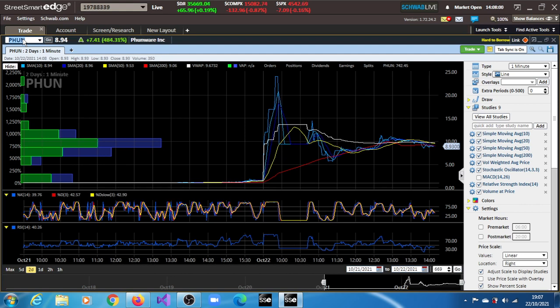So we are all speculating that Phunware Inc. will get the contract to develop the platform that Trump Digital Tech is pursuing. So that's what's behind this rally.